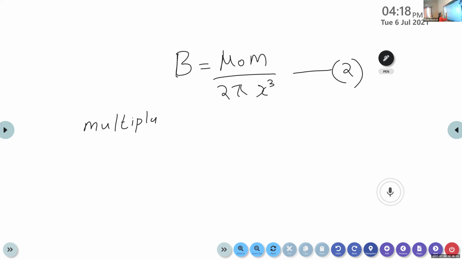So multiply 2 in numerator and denominator.